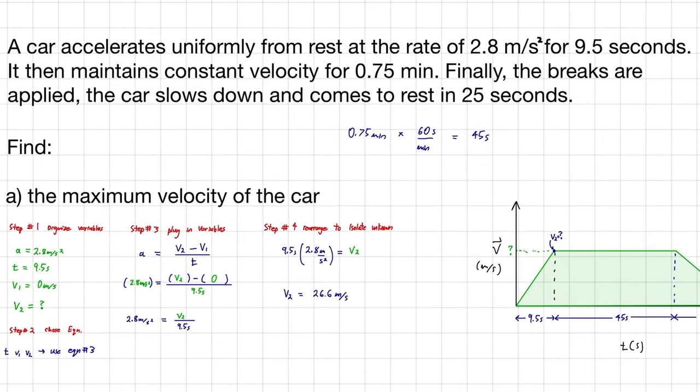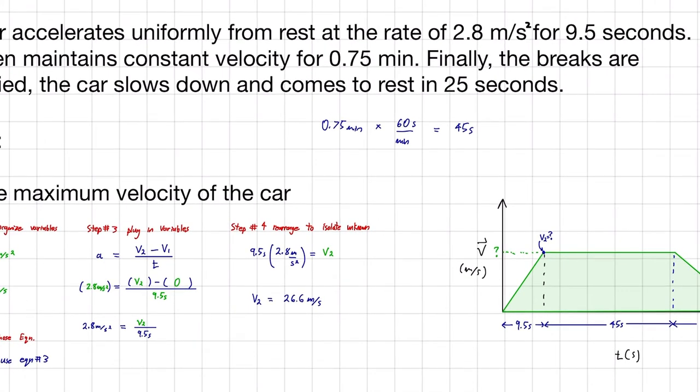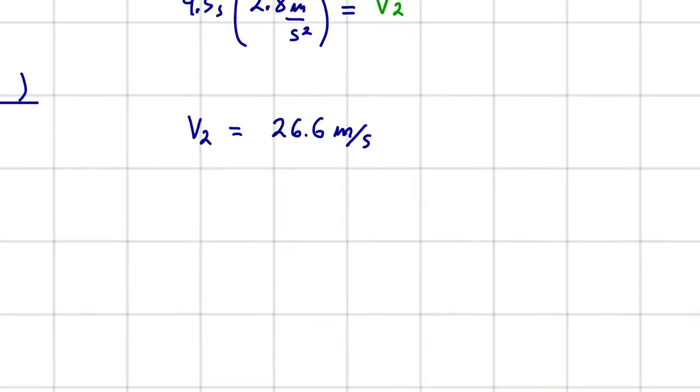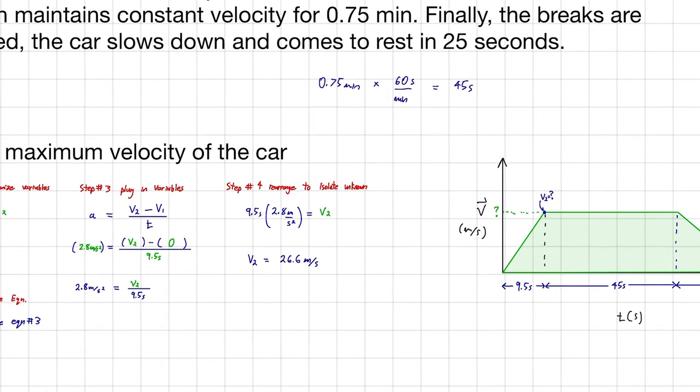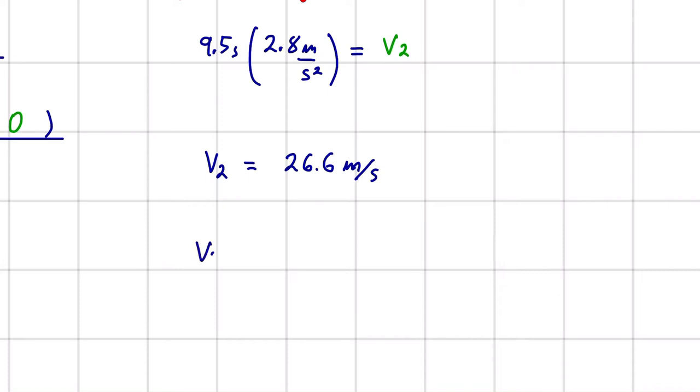So going back to significant digits, in this question, all of our variables have 2 significant digits. So when we present our answer, we are going to just leave it at 2 significant digits.